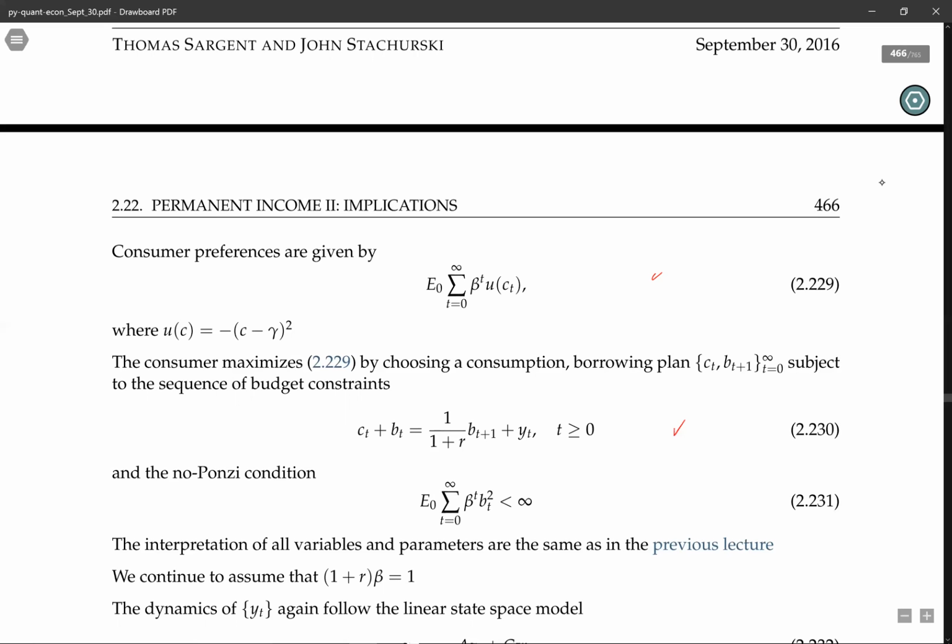I've called this a borrowing plan. You'll see I've defined A_t equal to (1 plus R) B_t. That's all I've done.